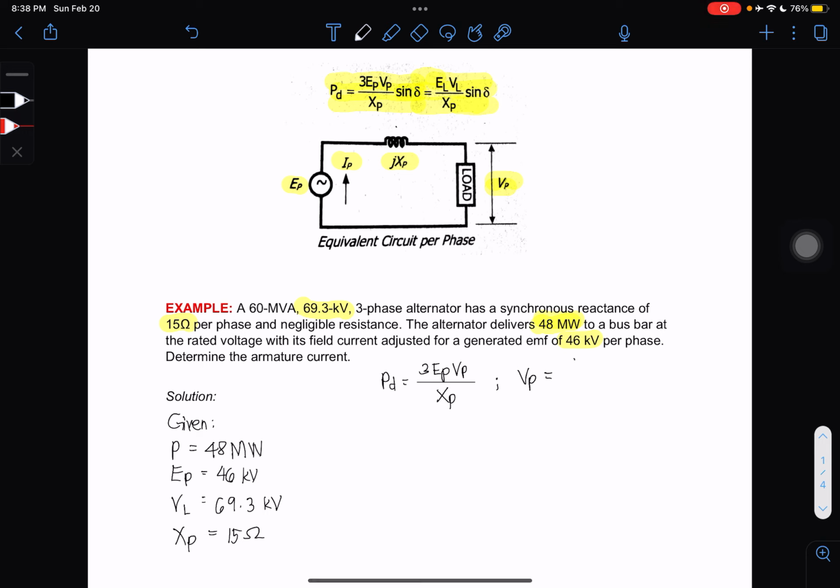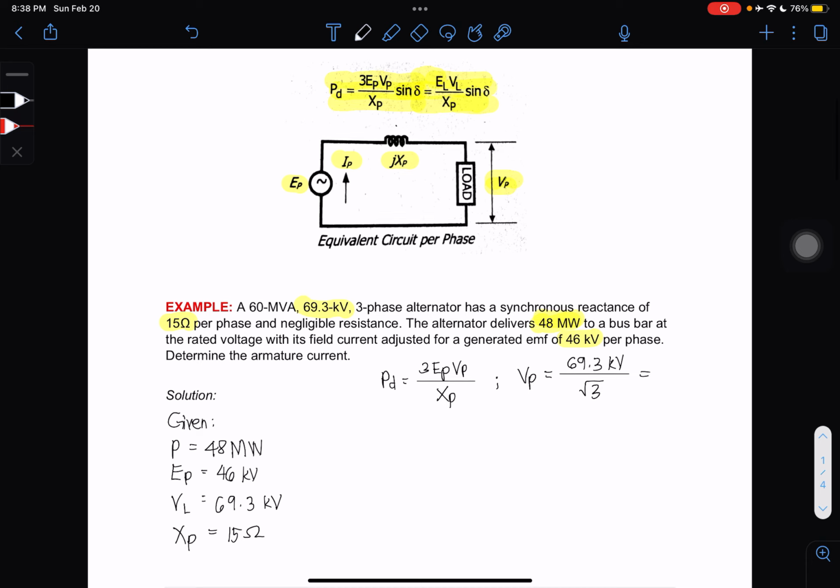So, VP is equal to 69.3 kilovolts divided by square root of 3. So, our terminal voltage per phase will be 40 kilovolts. So pwede na nato ma-solve ang atuang power angle.